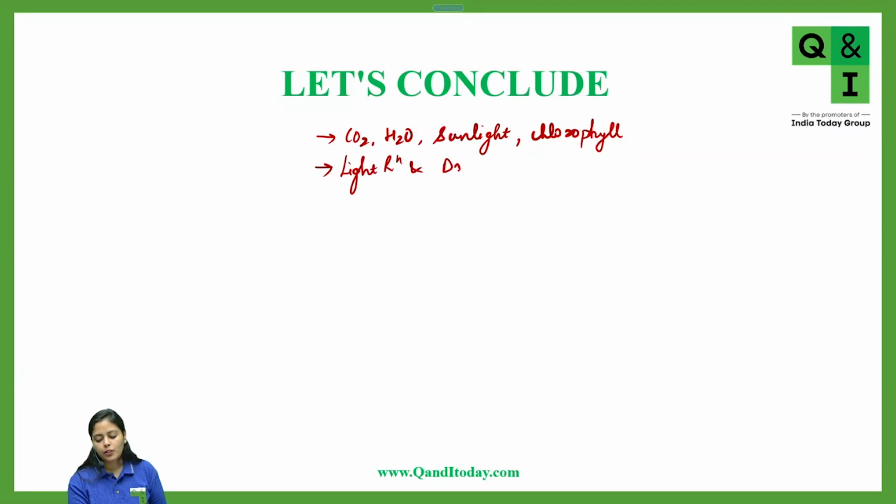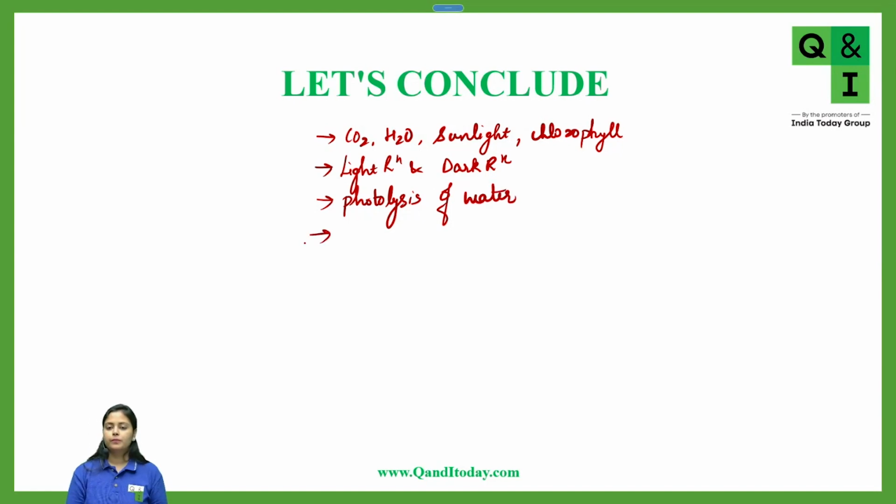Very good. From where the oxygen is getting generated during photosynthesis? Photolysis of water. Very good. Carbon dioxide gets fixed into carbohydrates during which reaction? Light or dark? Dark reaction. Very good. So carbon dioxide is getting converted into carbohydrates.